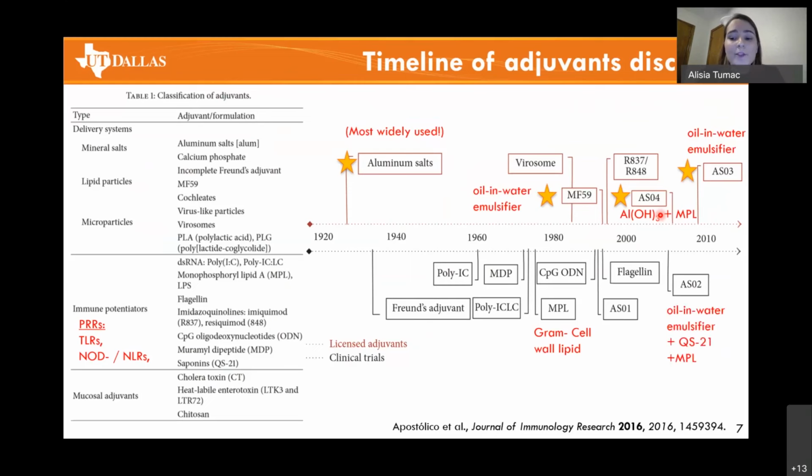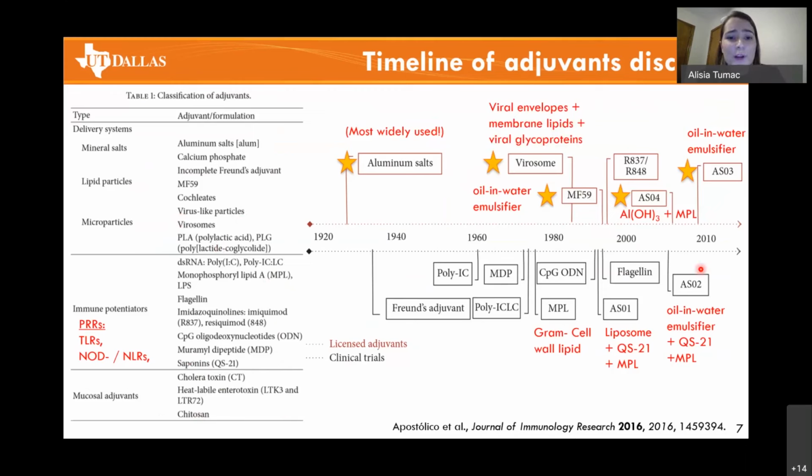You also have other types of adjuvant systems, Adjuvant System 2 and 1. They are still in clinical trials. One is the liposome-based one, and one is an oil and water emulsifier. And they're both combined with saponins and monophosphoryl lipid A. Next, you can have virosomes, which are in the same category as virus-like particles.